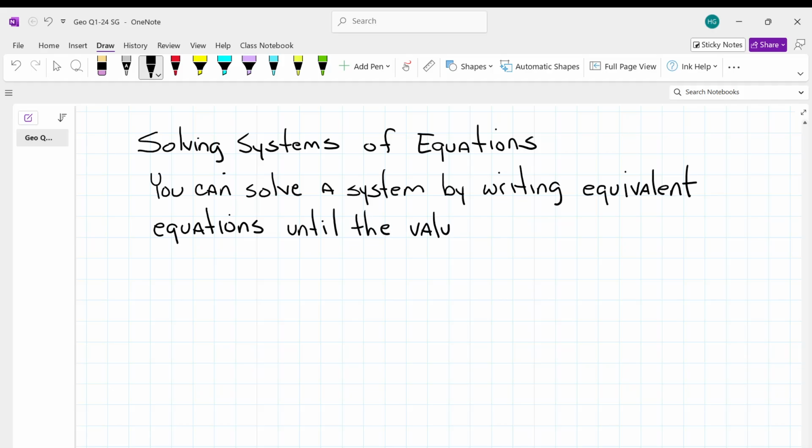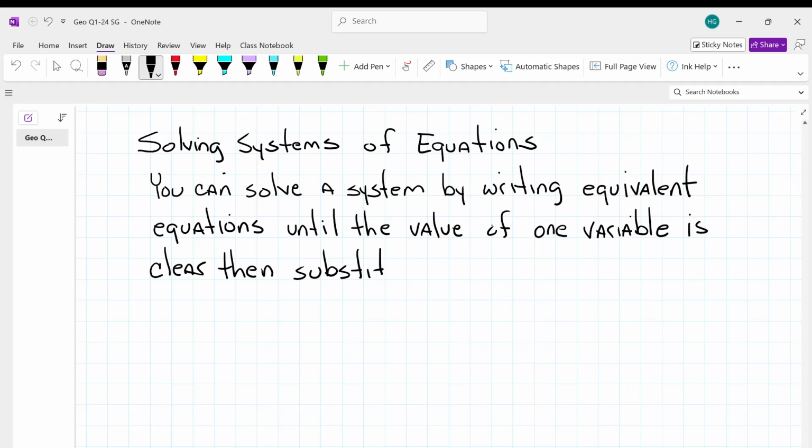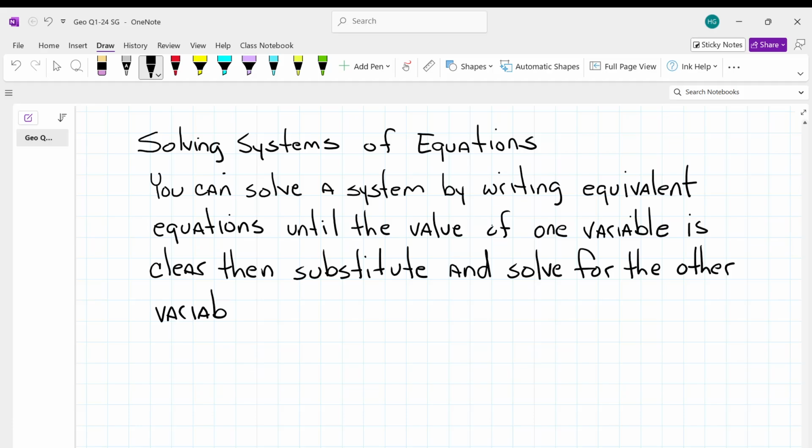You can solve a system by writing equivalent equations until the value of one variable is clear.